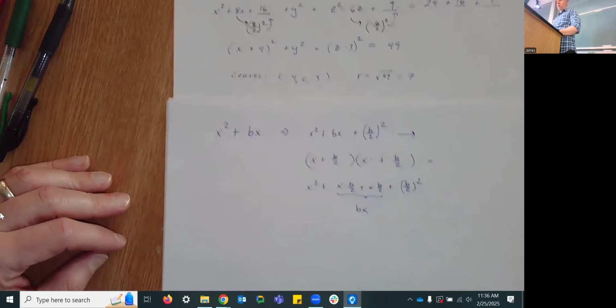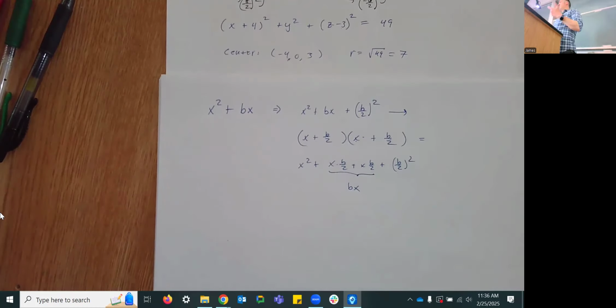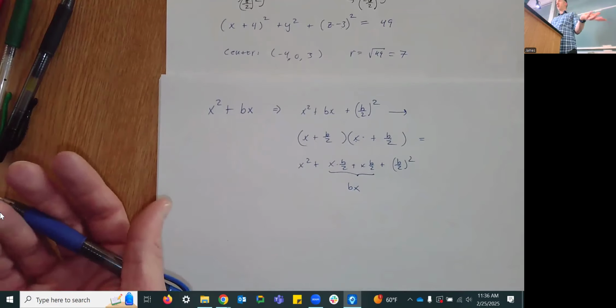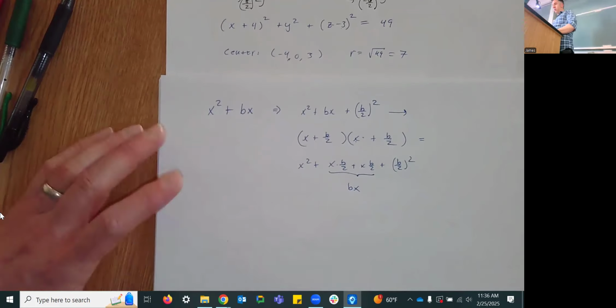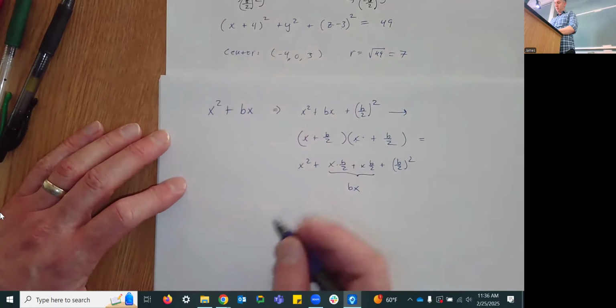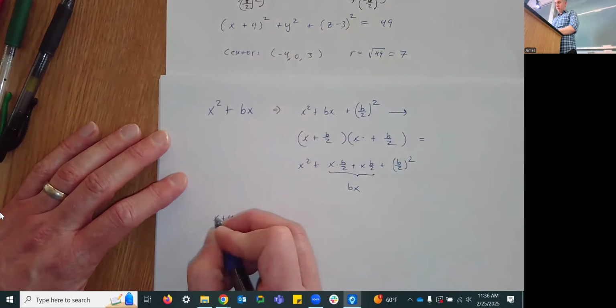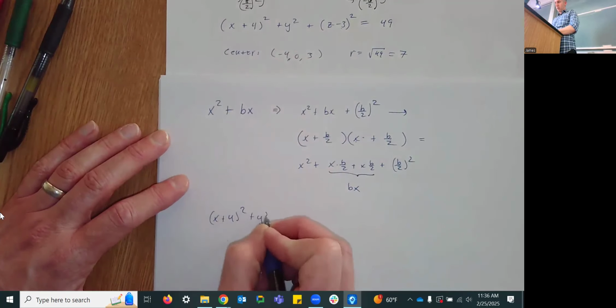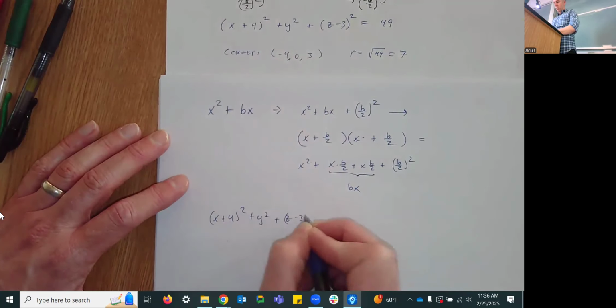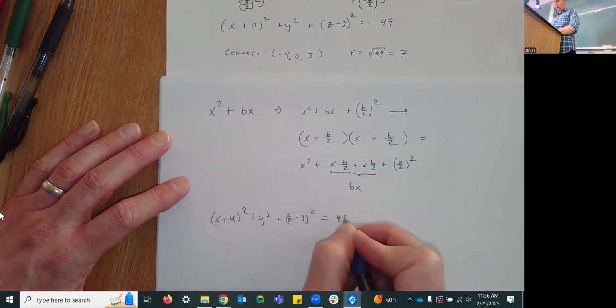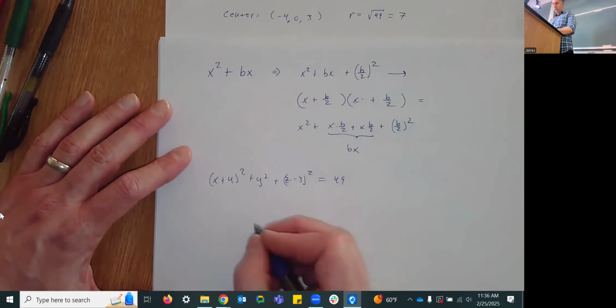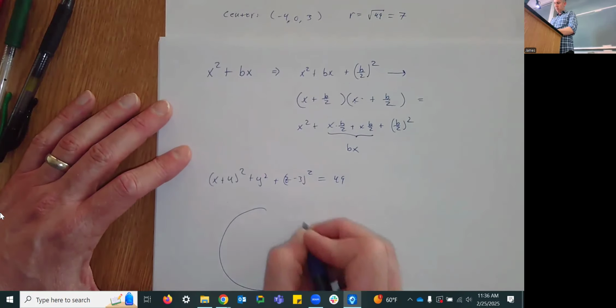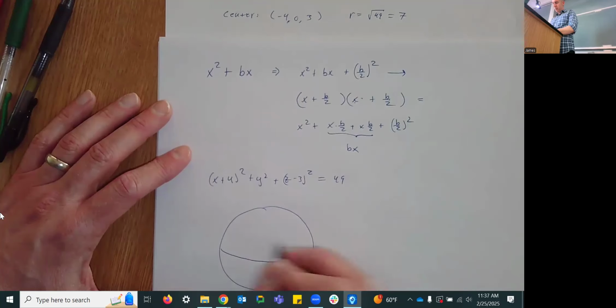The other thing I wanted to mention here is that this equation of the sphere also kind of informs us about the distance formula. So I will point out that for the sphere (x plus 4) squared plus y squared plus (z minus 3) squared equal to 49, which I'll draw kind of haphazardly here, there's my sphere.